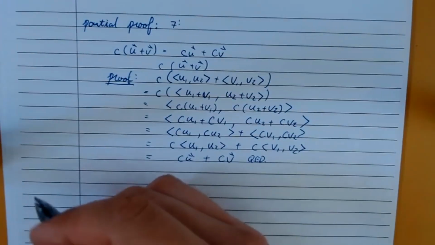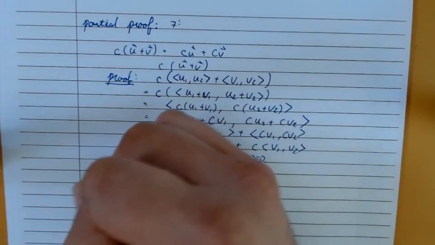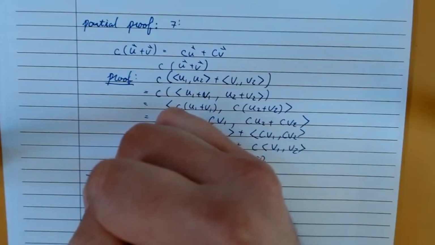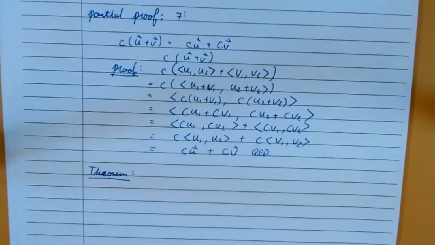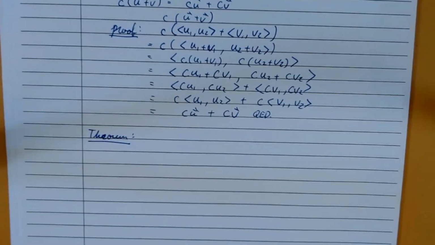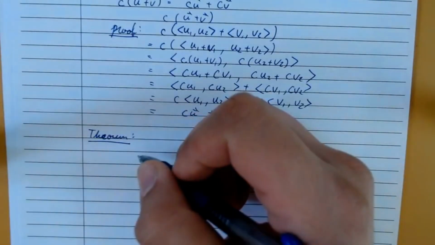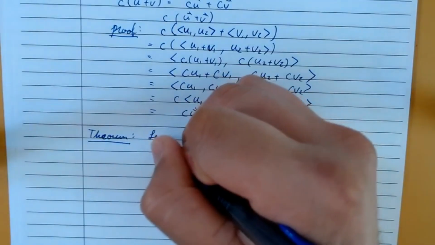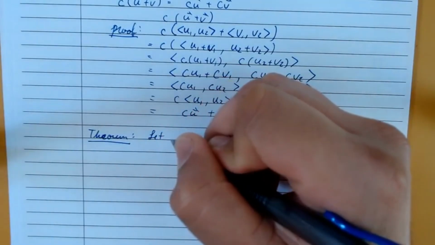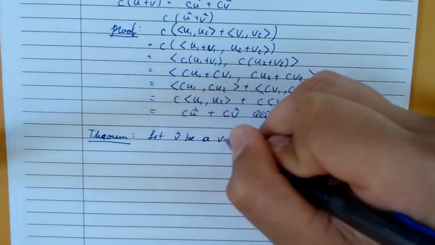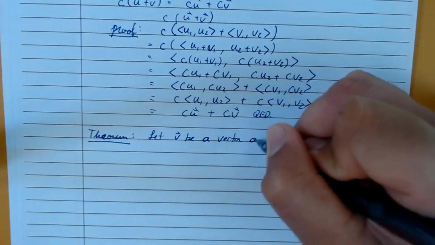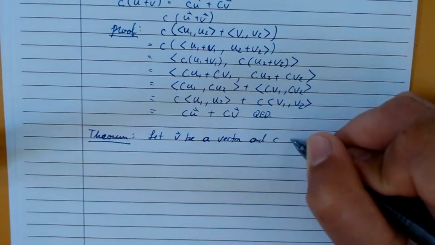Now, there's a few other theorems here, which also depend on some component-wise proofs. All right, so let's consider the next theorem. Let V be a vector and C a scalar.